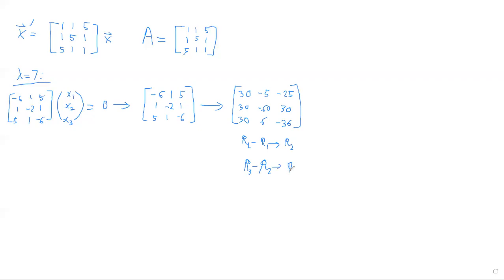That should have been R1, not R2. I'm going to erase that right now. Okay, and that is equal. So that leads to, so the first row stays entirely the same.